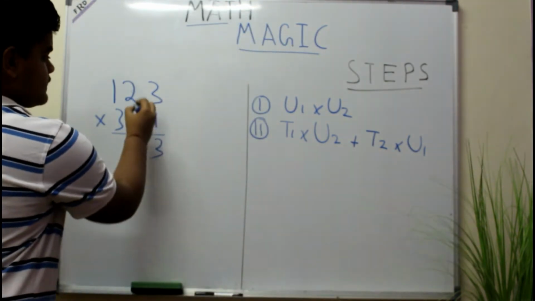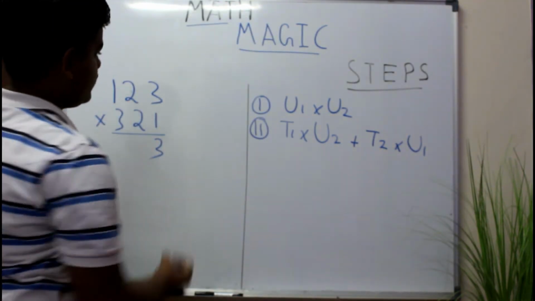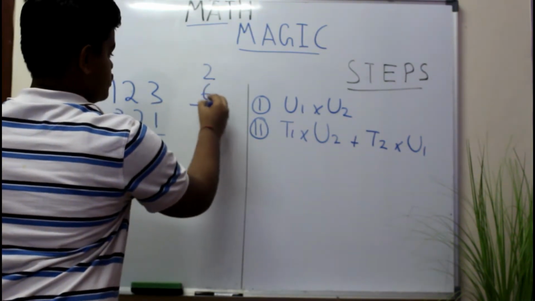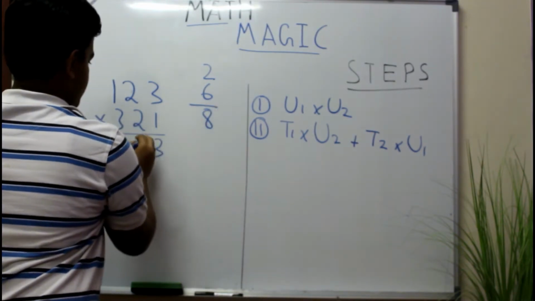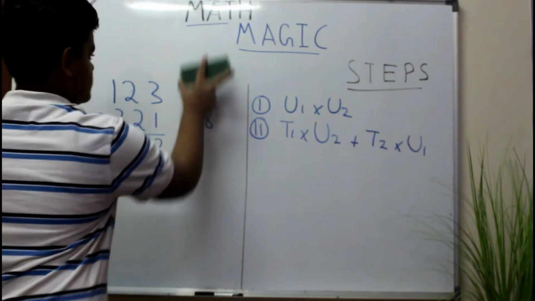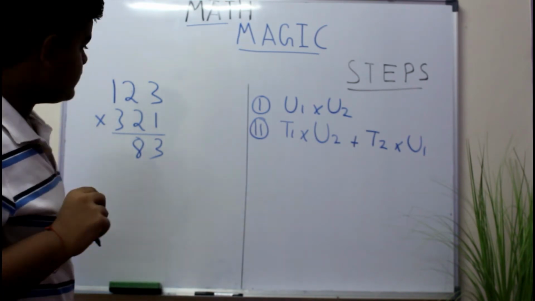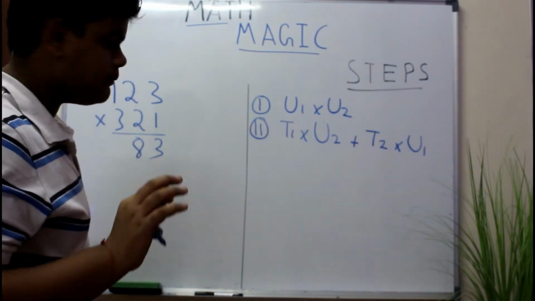It's like a crisscross. So 2 into 1 is 2, 3 into 2 is 6. So 2 plus 6 is 8. 8 comes here. So let us remove this. Now the next is a bit complicated, but it's simple.